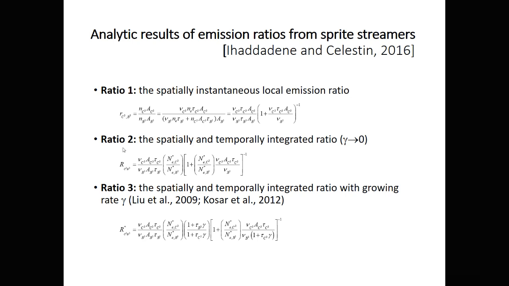In the second one, we consider our instrument time and spatial resolution, so we need to integrate these emissions. In the third one, region 3, we further consider the sprite streamer theory with the growth rate for the different altitudes, which have different neutral density.